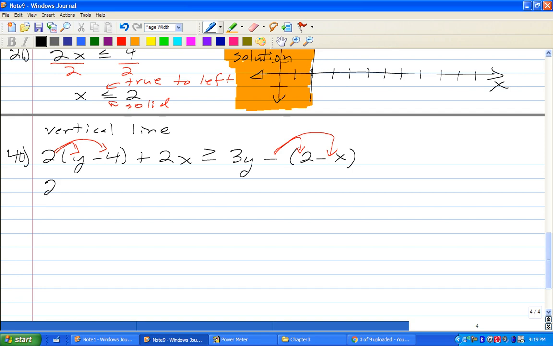So I have 2y minus 8 plus 2x greater than or equal to 3y minus 2 plus x.